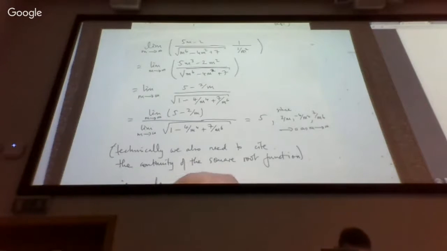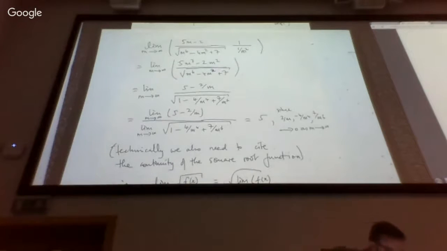I.e., saying that the limit of the square root of f of x as x tends to a is equal to the square root of the limit of f of x as x tends to a.